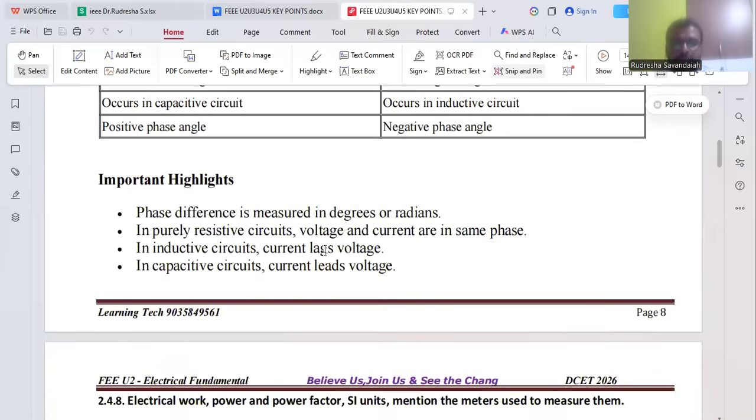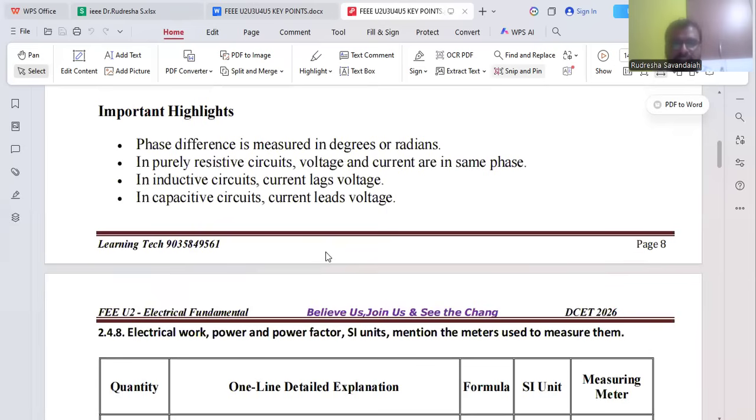Important highlights: phase difference is measured in degrees or radians. In purely resistive circuits, voltage and current are in the same phase. In inductive circuits, current lags voltage.